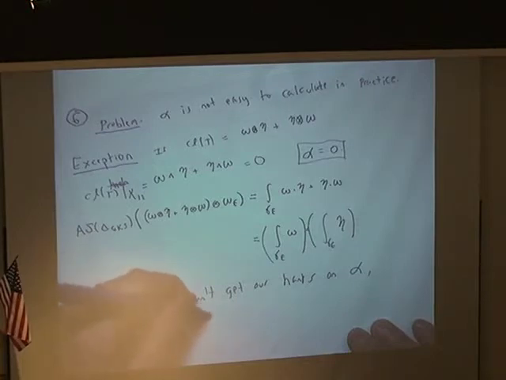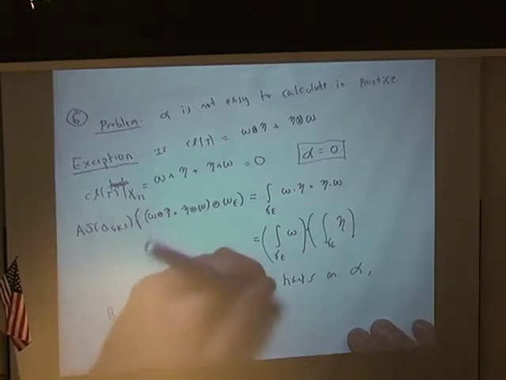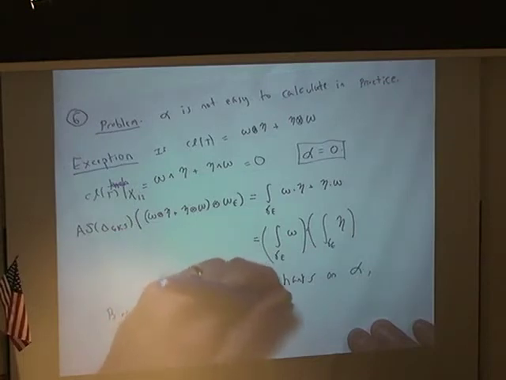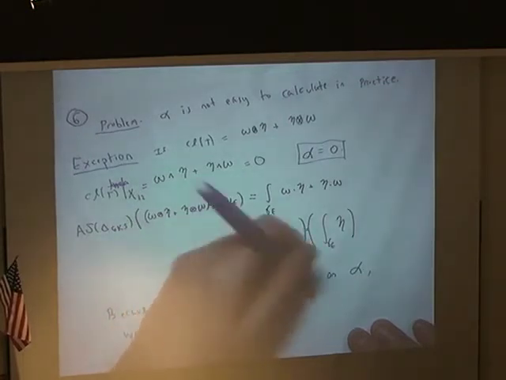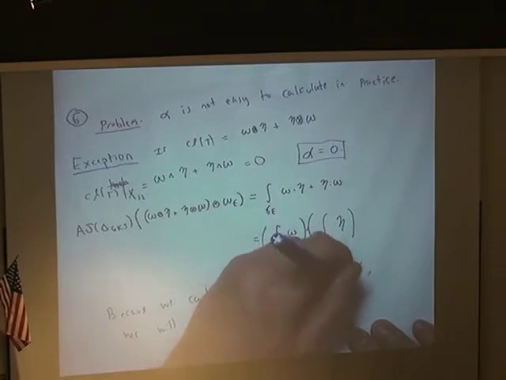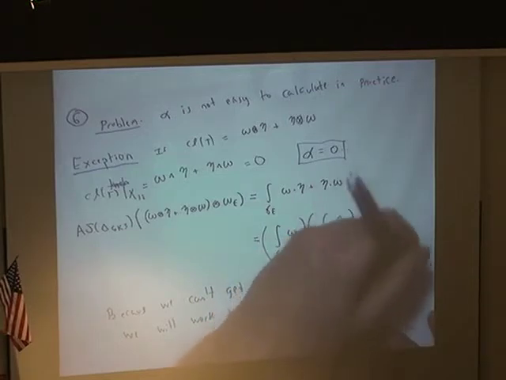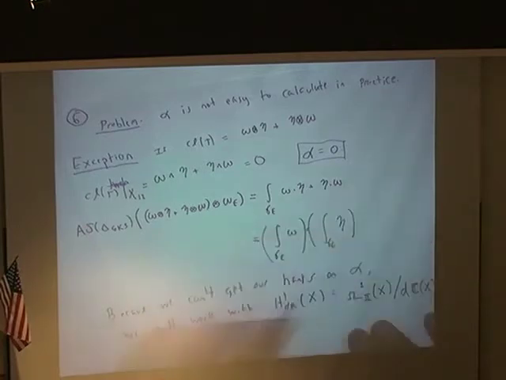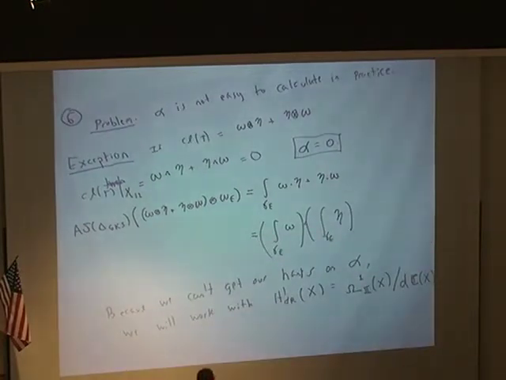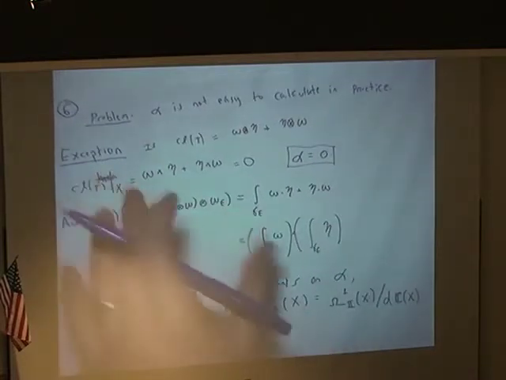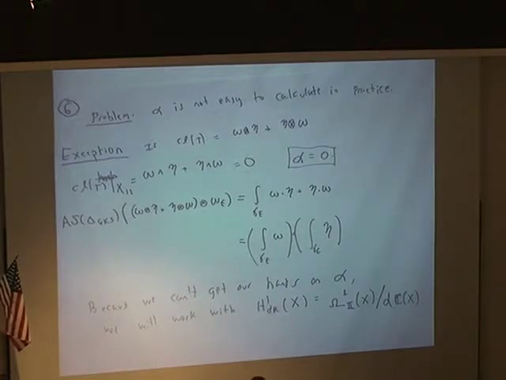We will work with H^1 de Rham of X, which is the space of meromorphic differentials of the second kind on X modulo exact meromorphic differentials. So I'm going to now give you a variant of this formula involving meromorphic differentials of the second kind.